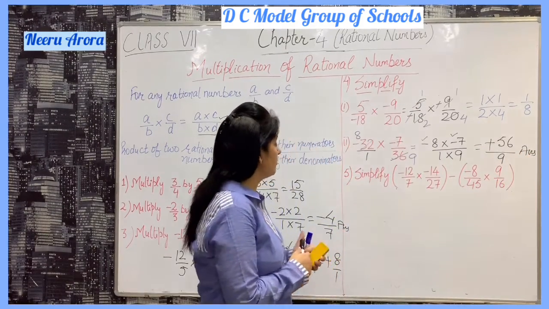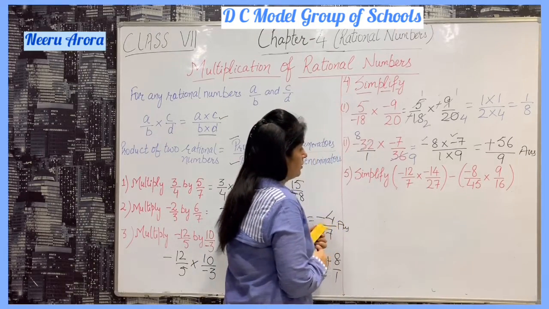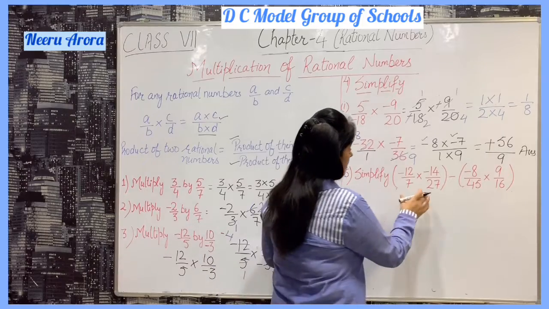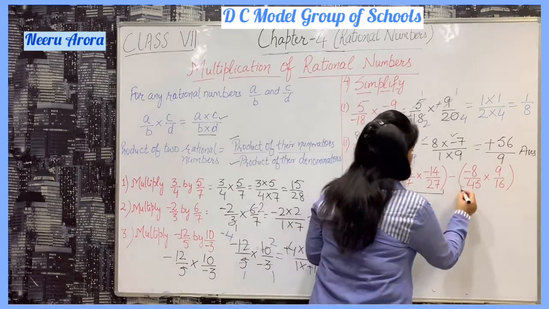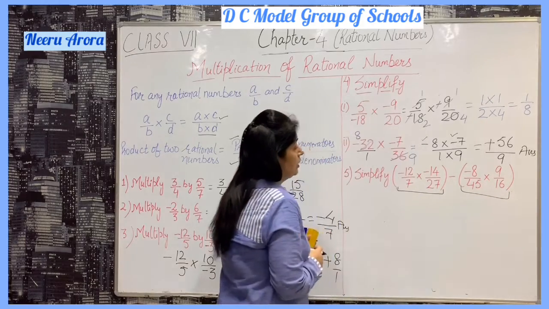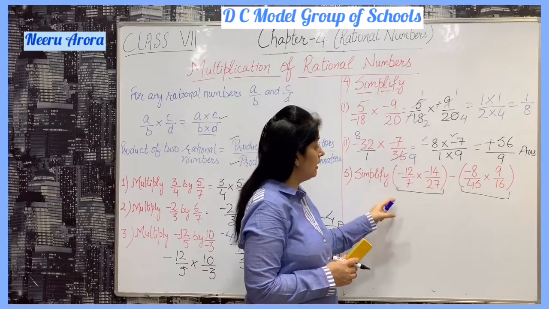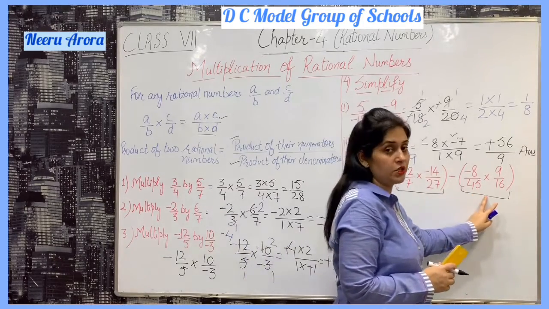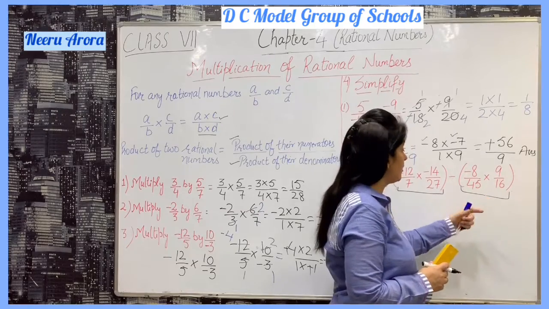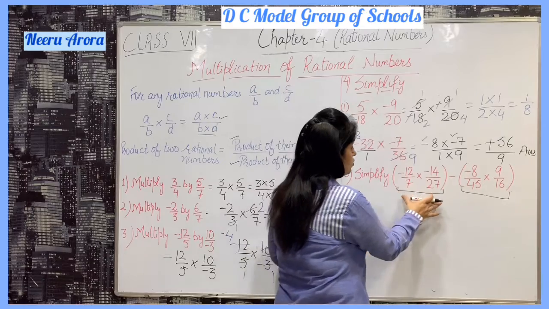Look at question number 5. Simplify. Here we can see this is a multiplication of two rational numbers, and then again a multiplication of two rational numbers. So we will solve the brackets first and find the product of these two rational numbers, then these two rational numbers. Whatever answers come, we will then find the difference. First we solve this.